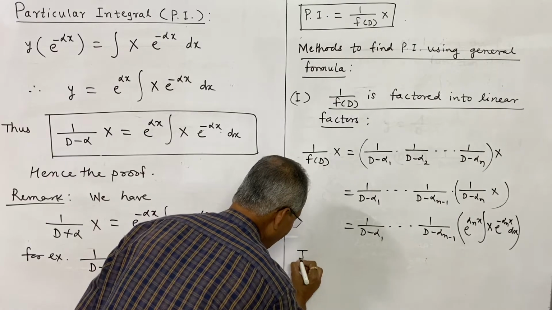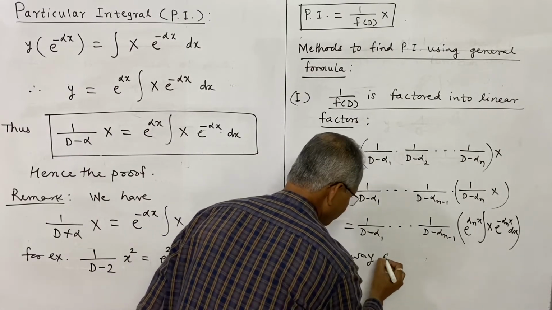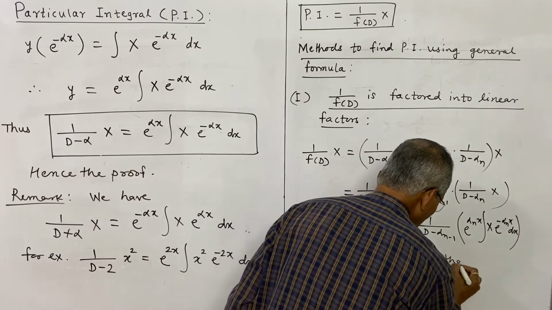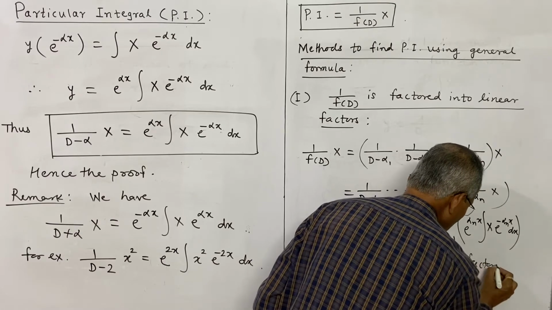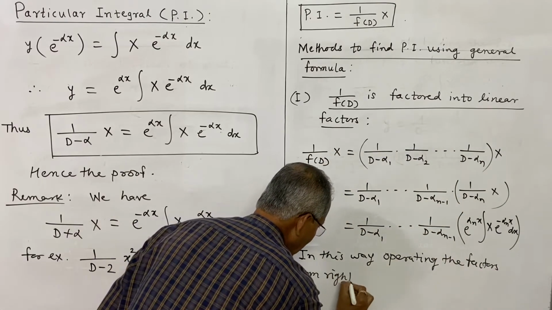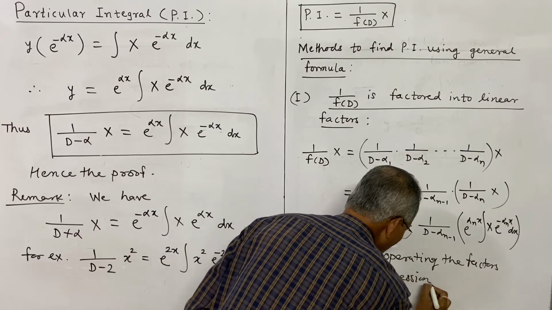So in this way, operating the factors from the right in succession, we get the PI.